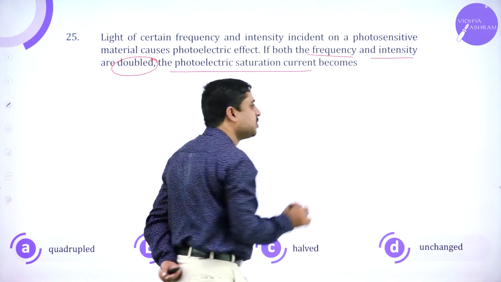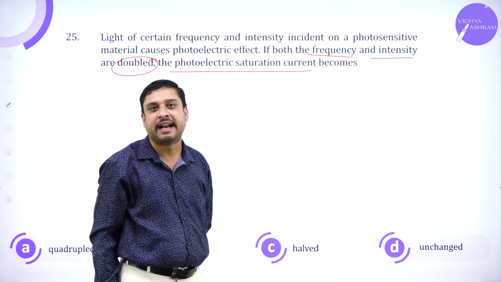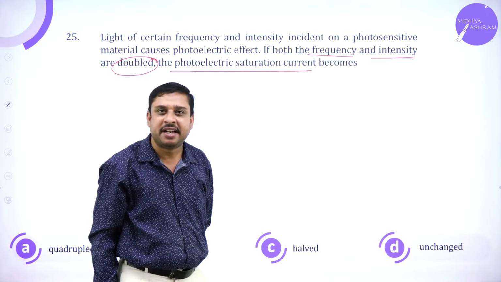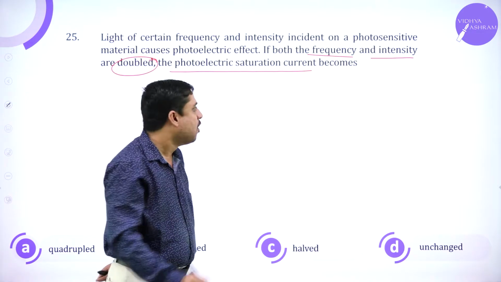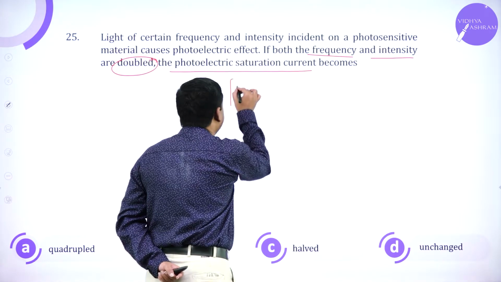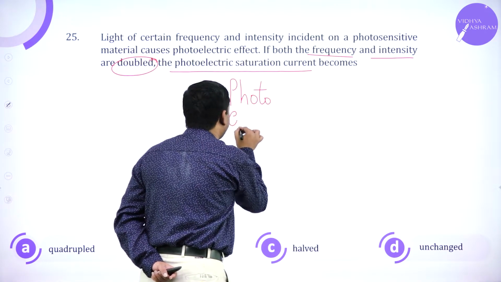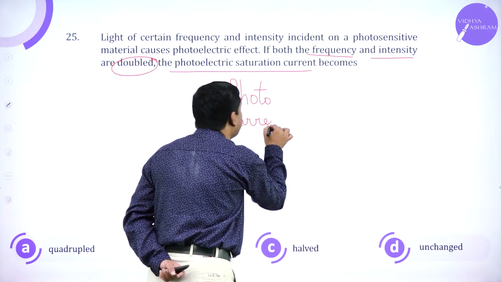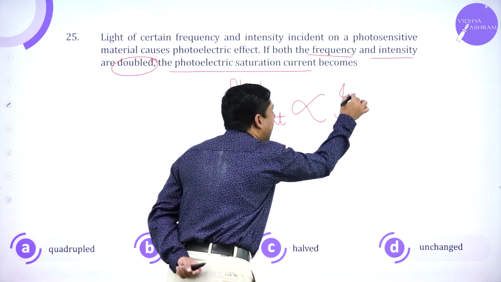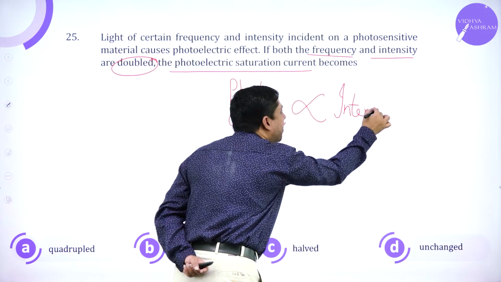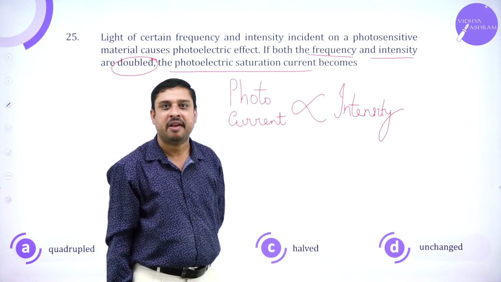What happens to the photosaturation current? My dear students, again theory says photocurrent is only dependent on intensity and it does not depend upon frequency.